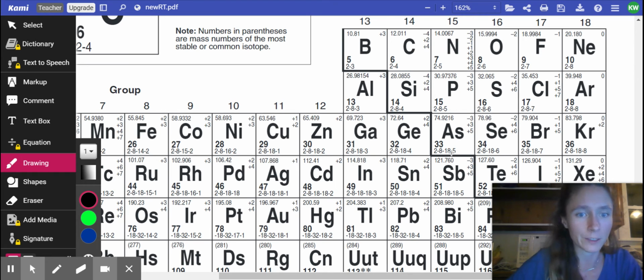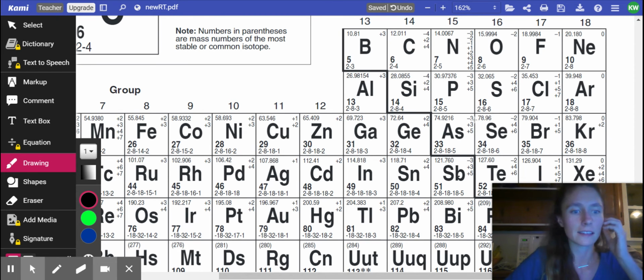If they're in group 15, they end in 5. Notice how they all start with -3 at the top for the oxidation number. That's because they all want 3 more electrons. Whenever you're gaining electrons, like these nonmetals will, they're going to form anions. Anions are negative ions because you're gaining negative electrons.